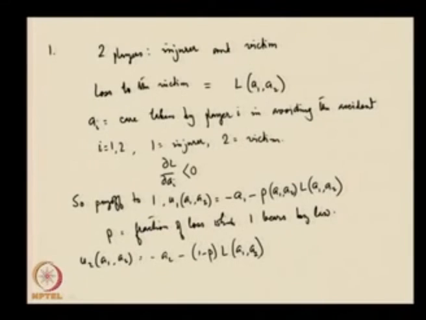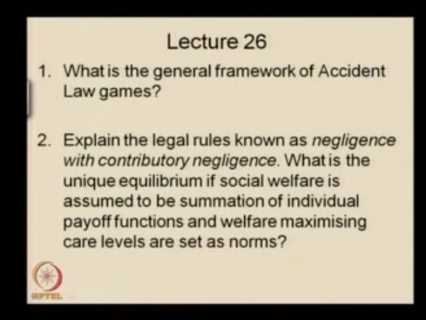So, we have 1 minus rho multiplied by L. So, this is the general framework of accident law games. The law specifies rho, and given the different ways in which rho is specified, the players decide how much care they will undertake. So, this is essentially the framework of the accident law games.